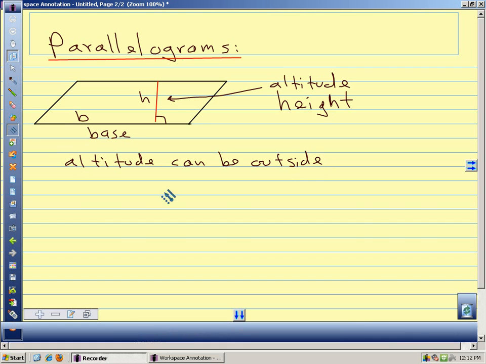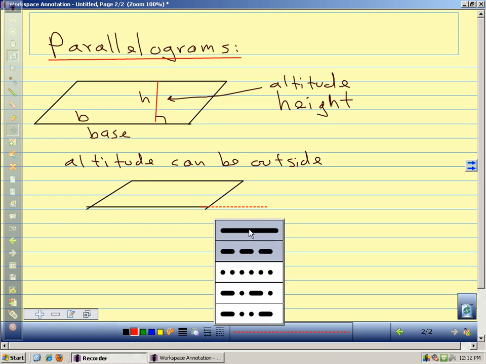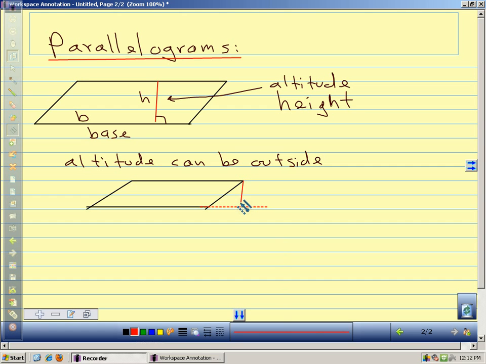So let me draw another parallelogram, and we'll put the altitude of this one outside. I'm going to extend the base just like we did before, and I'm going to draw my altitude down here.